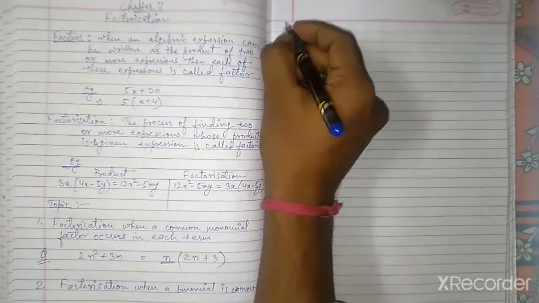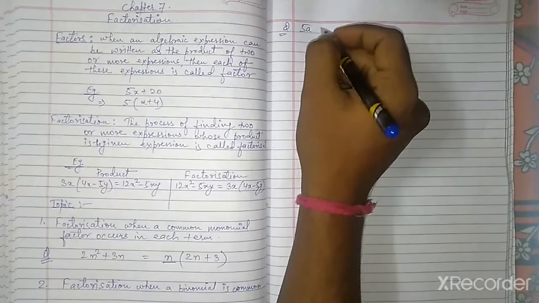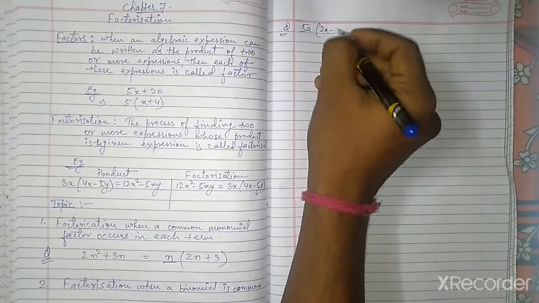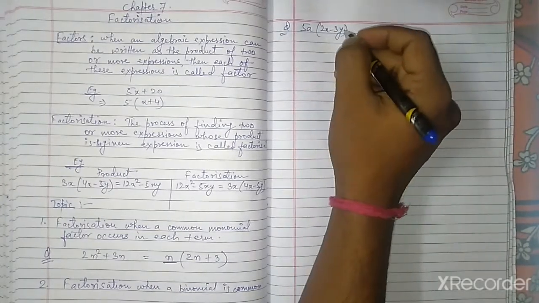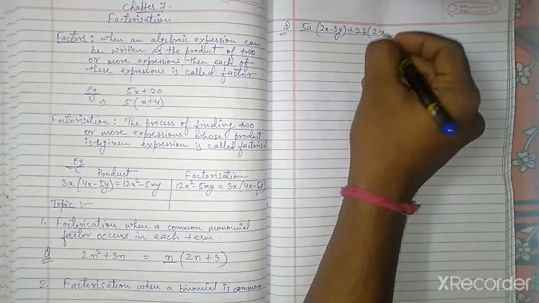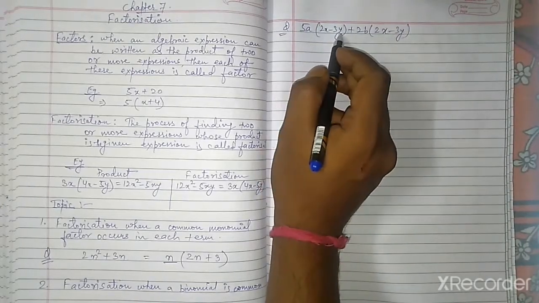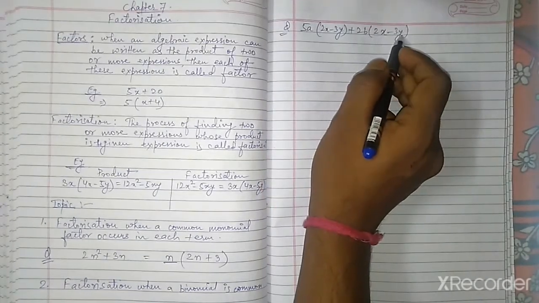Let's take one example: 5a(2x minus 3y) plus 2b(2x minus 3y).